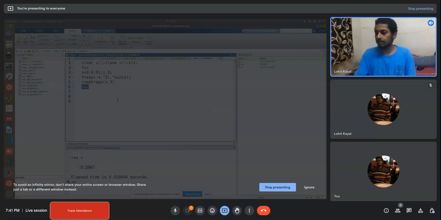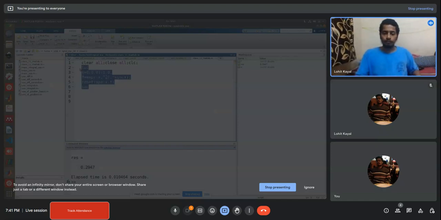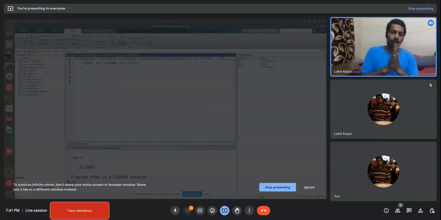But the time required will vary from problem to problem. In many cases you will find that trapz is giving you the faster answer, and in other cases you will find that integral is giving you the faster answer. Okay. Now we have learned some basics of the integration in Matlab. Now I will show you some application of it.